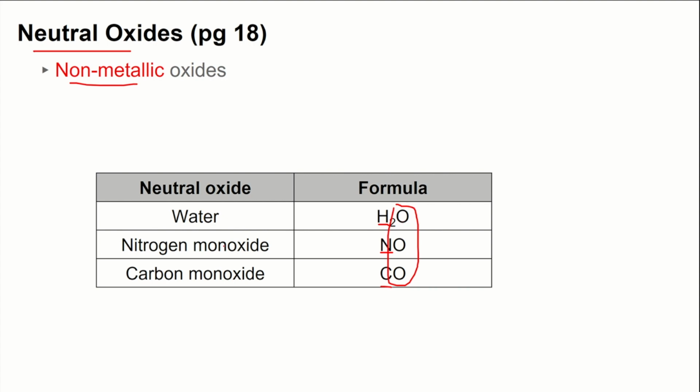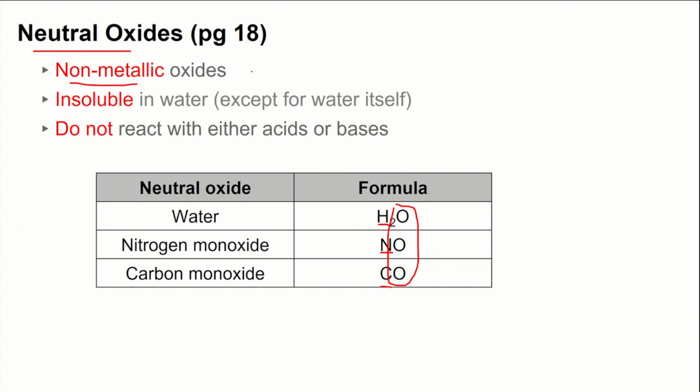So water, nitrogen monoxide, carbon monoxide, they are neutral. They don't react at all, not with acids and not with base. The second point is just for your information, FYI. Please take note, neutral oxides are non-metallic and only contain one oxygen.